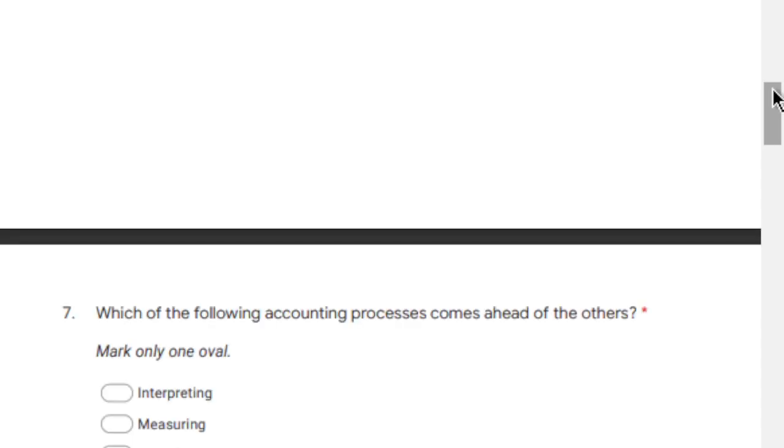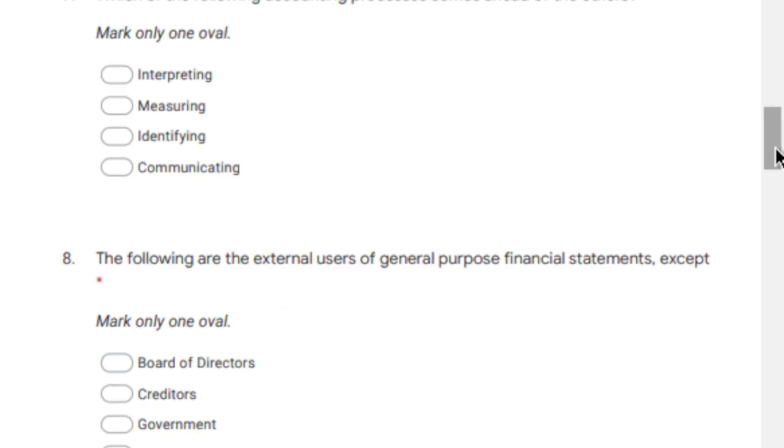Next, which of the following accounting process comes ahead of the others? So, the first step in accounting process is the identifying. So, again, identifying is the process of recognition and non-recognition of business activities as an accountable event.